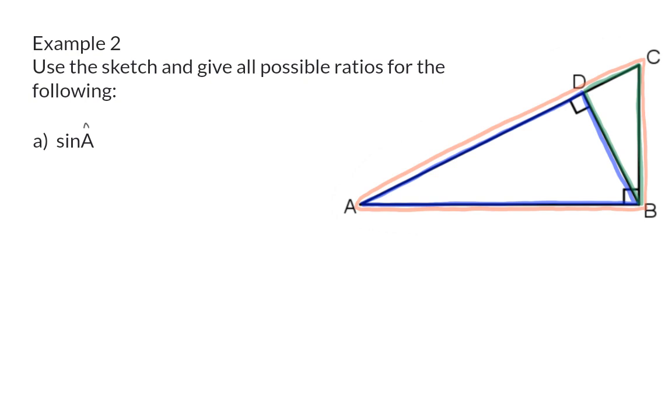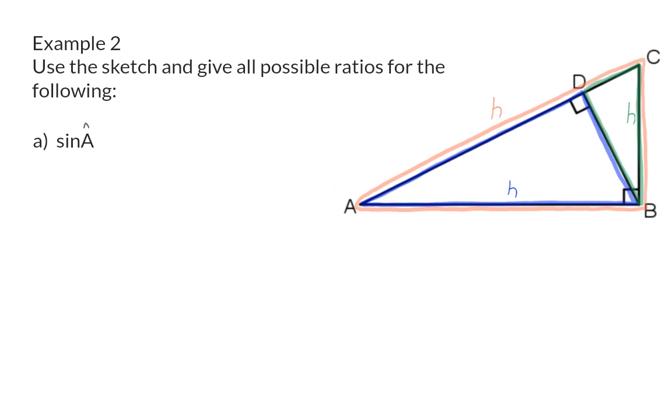The hypotenuses, however, stay constant, so you can start off indicating those hypotenuses. In the blue triangle, the hypotenuse is side AB. In the green triangle, the hypotenuse is side CB. And in the big orange triangle, the hypotenuse is side AC.